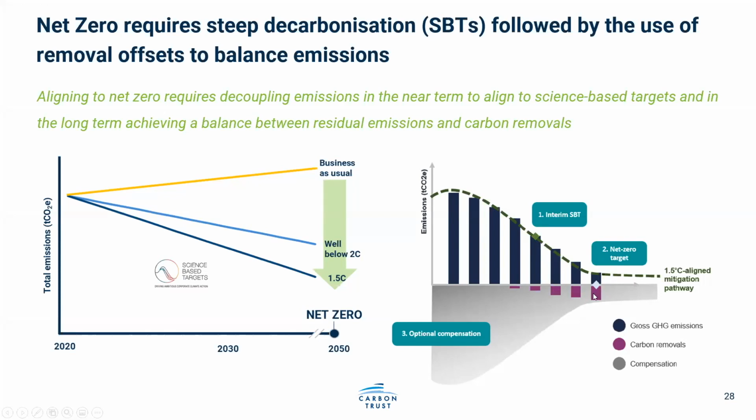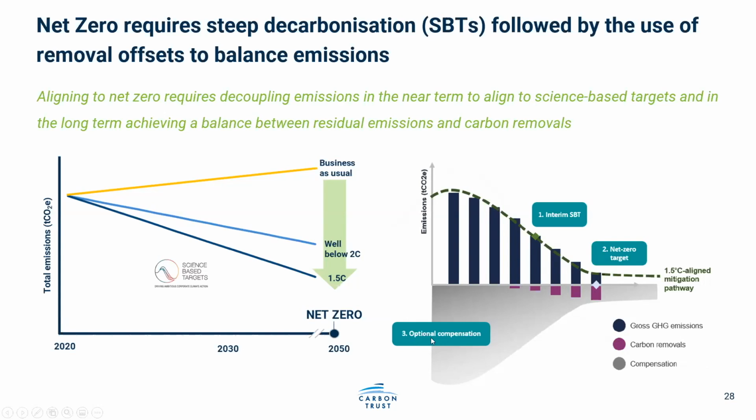So these are offsets that are typically taking carbon out of the atmosphere and storing them away permanently. And that's essentially what the carbon net zero goal is about. It's around reducing as fast as you can, and then ultimately moving towards removal offsets.